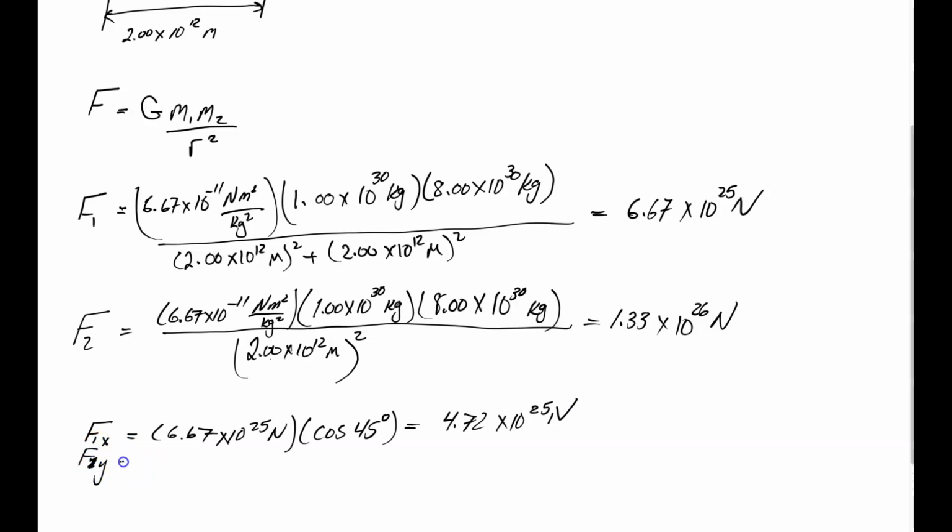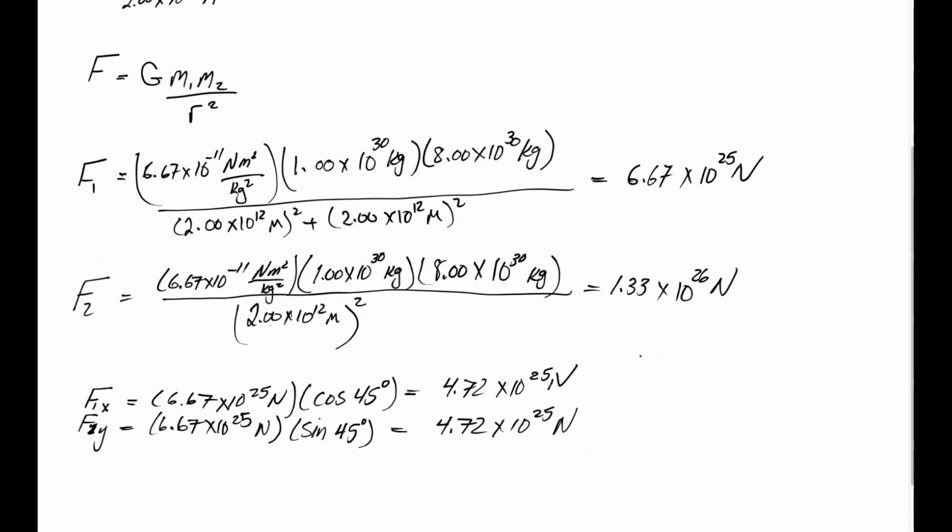F1y is going to be the 6.67 times 10 to the 25th newtons, but now times sine 45 degrees, which means this is also going to be 4.72 times 10 to the 25th newtons.